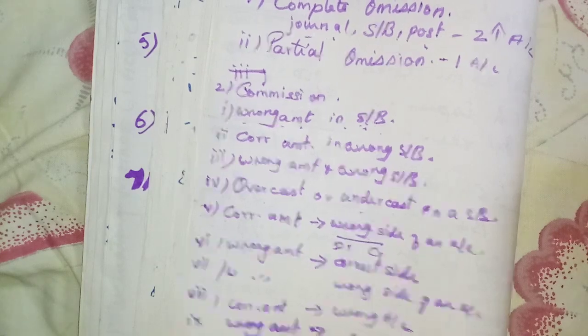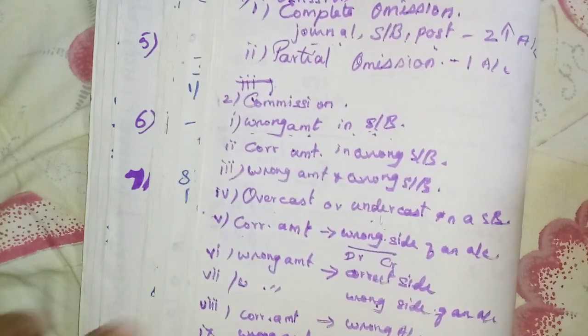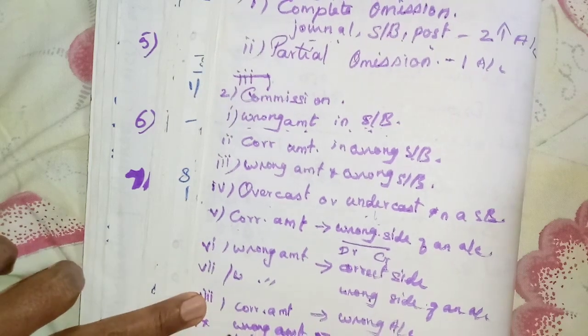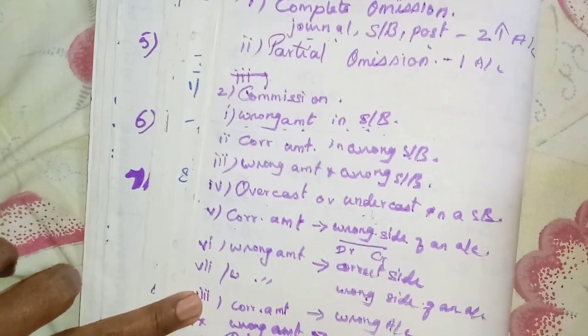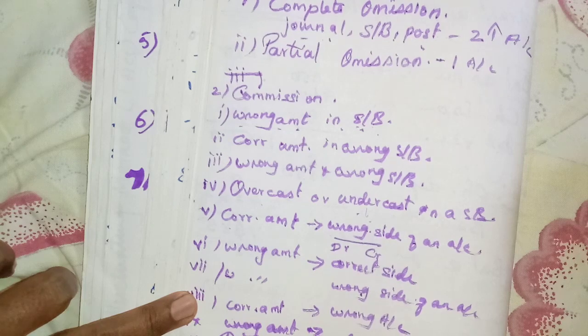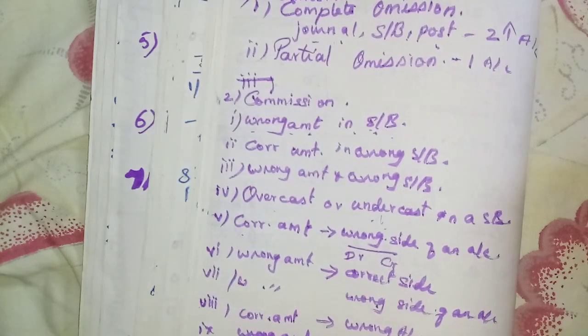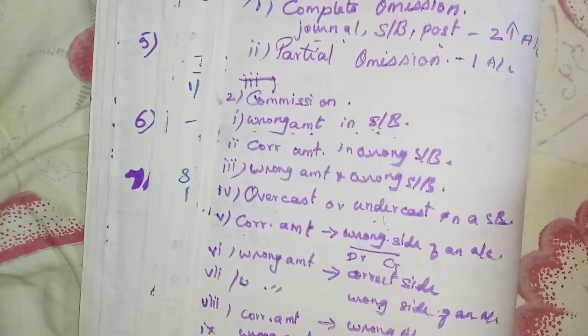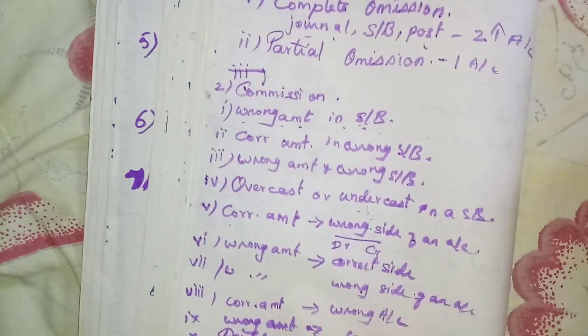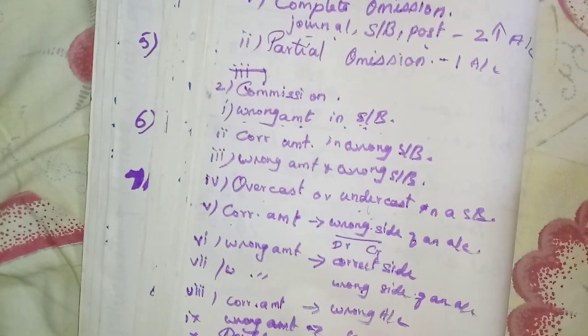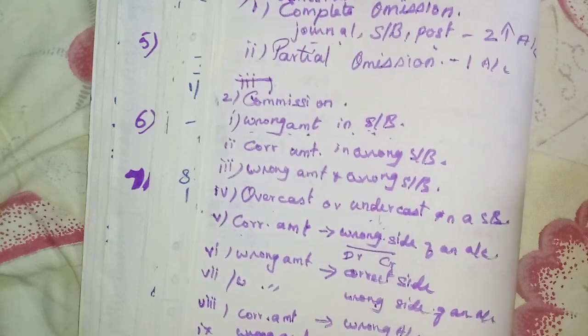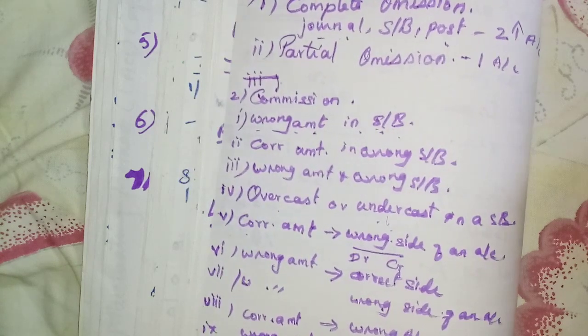Then sometimes they may do double posting. Once they have posted, they post again. The same item is posted twice. For example, purchases can be entered two times. You can understand this, isn't it?